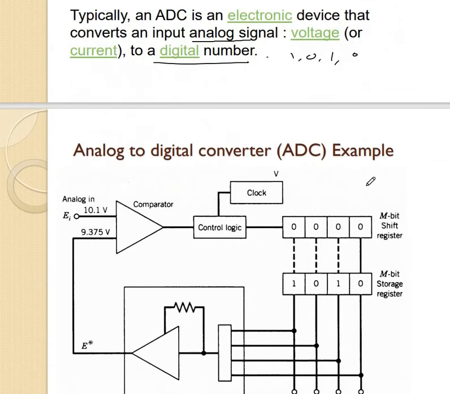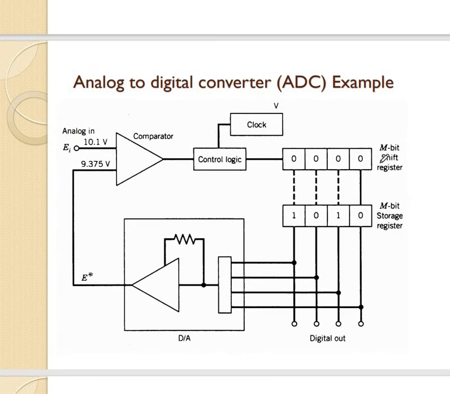Okay, this is the schematic diagram for the analog to digital converter. Basically, from our sensor, we will obtain this signal in terms of voltage. This signal will be fed into the comparator. The comparator is used to convert the analog signal to a digital signal, and it will be sent to the control logic.